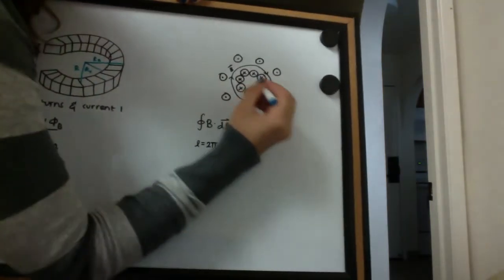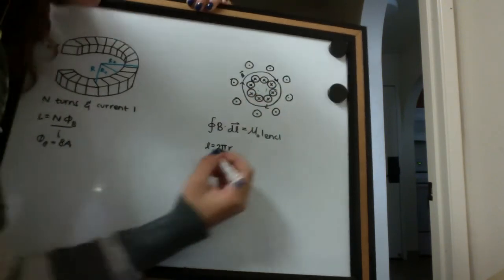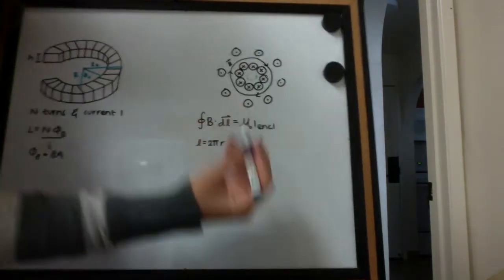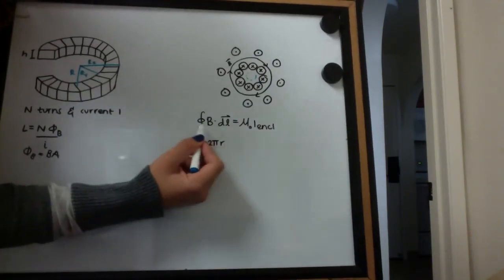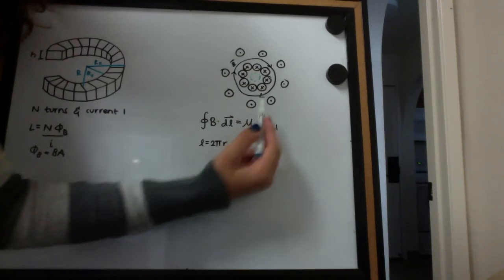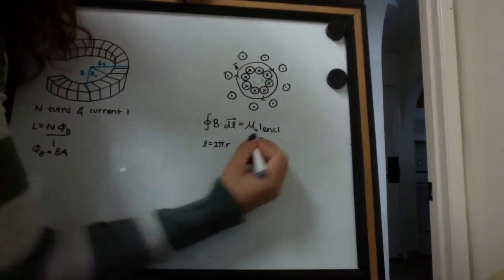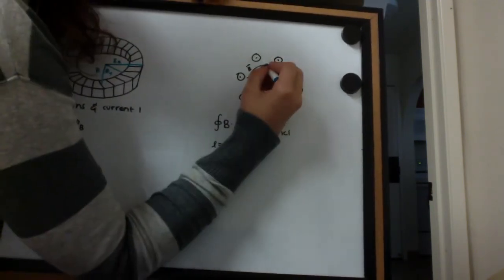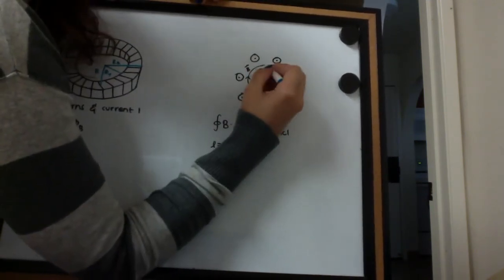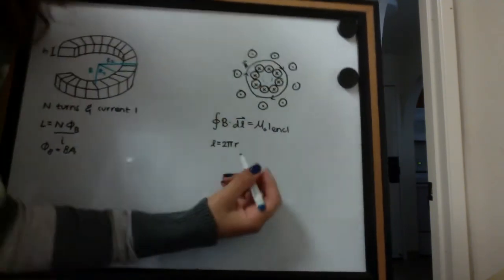I'm going to use a different color. The first thing, I'm just going to create here, that would be path 1. To find B, we have Ampere's law right here. In path 1, B equals 0 because there's no current enclosed. Path number 2 is right here, across with the B field.